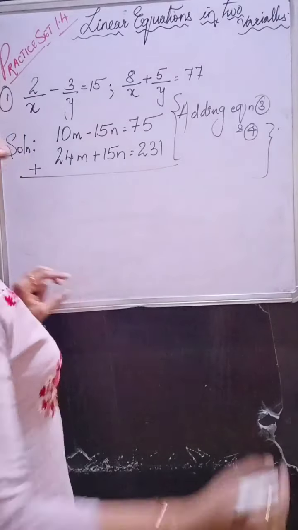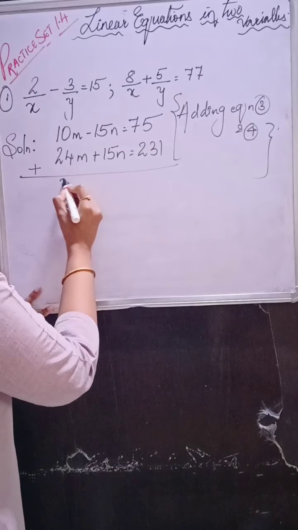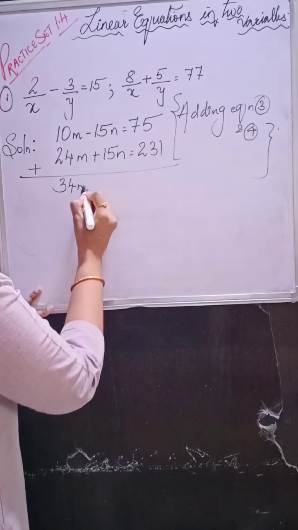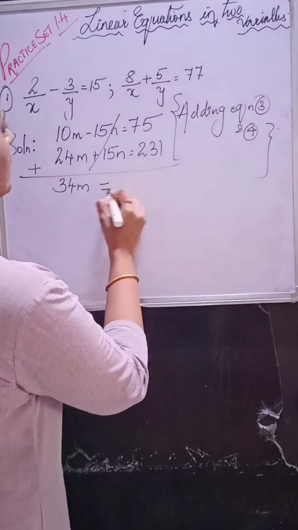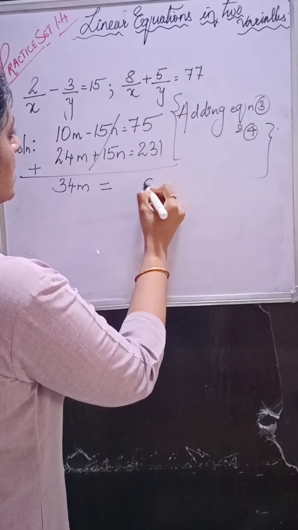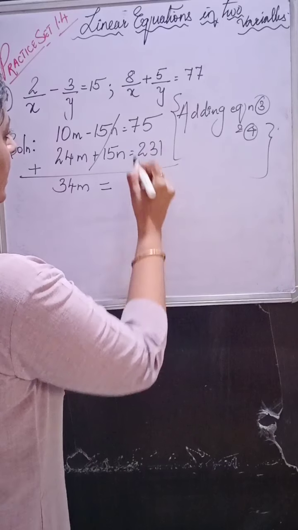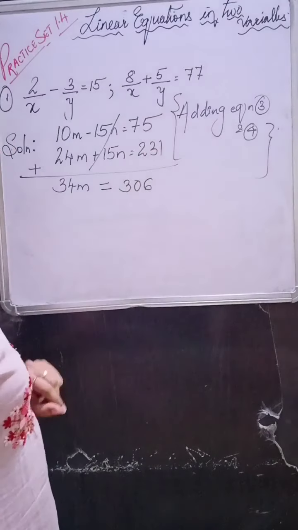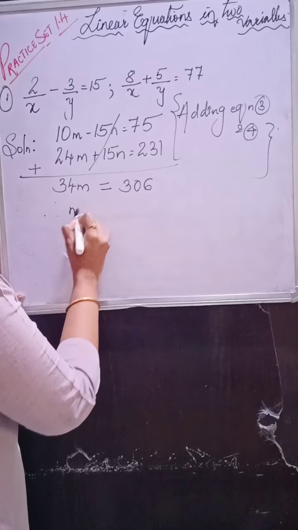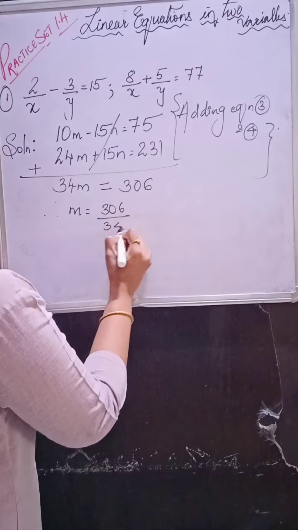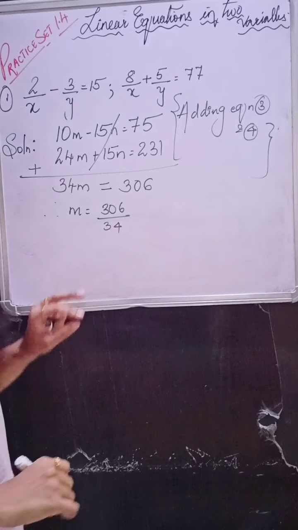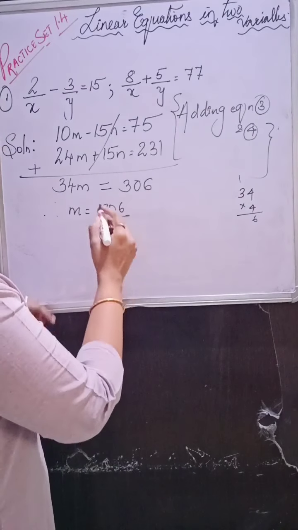10 plus 24 will be 34m, plus and minus 15n cancel, is equal to add: 5 plus 1 is 6, 7 plus 3 is 10, carry 1, 306. So therefore m is equal to 306 upon 34. Both these numbers go in 2's table.